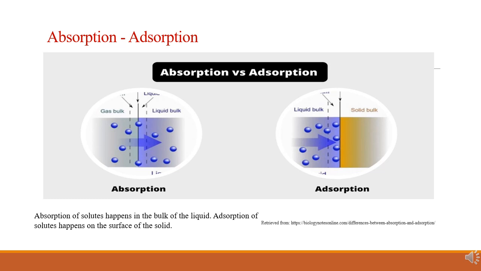A common example of adsorption is gases like oxygen or nitrogen on the surface of activated carbon. Carbon is commonly used to adsorb from gases or liquids. Another example is adsorption of water vapor on silica gel, which is commonly used as a desiccant.